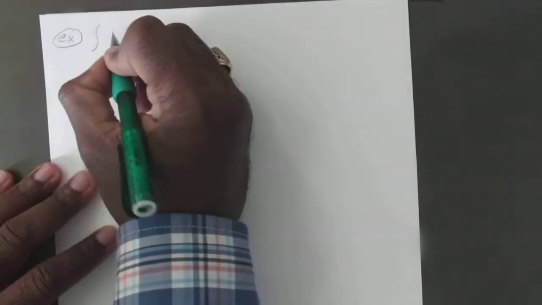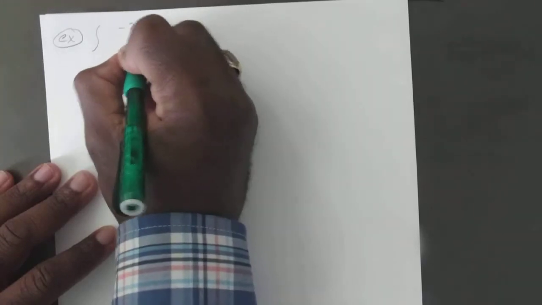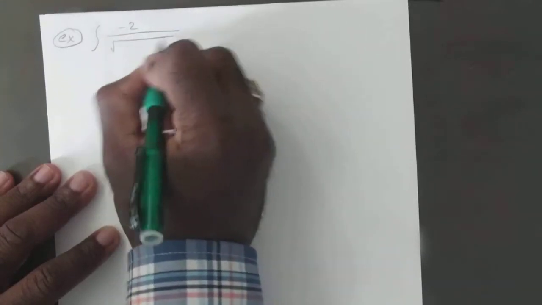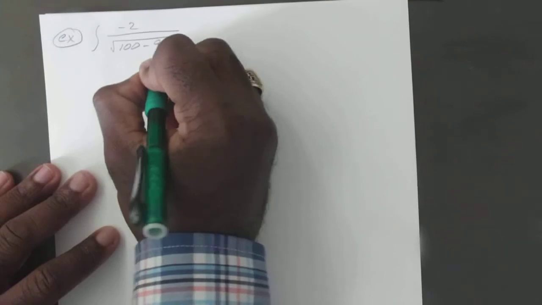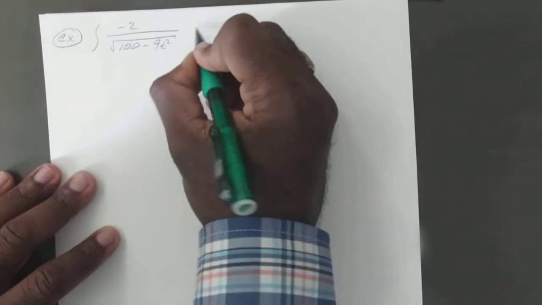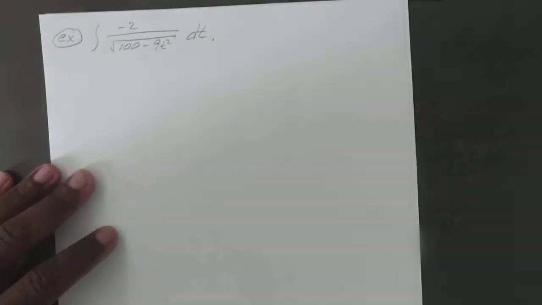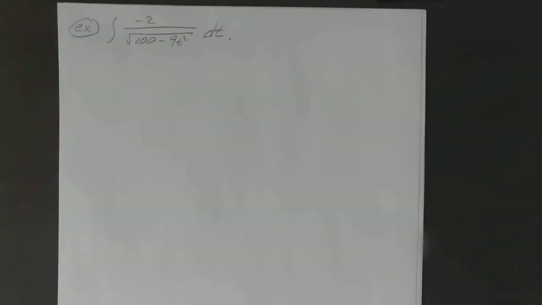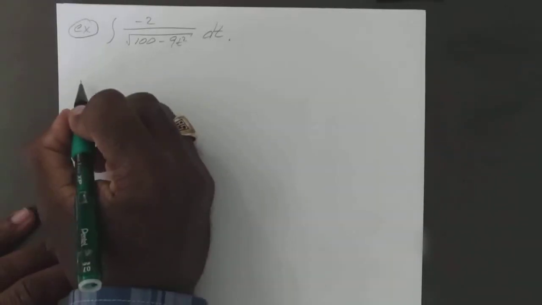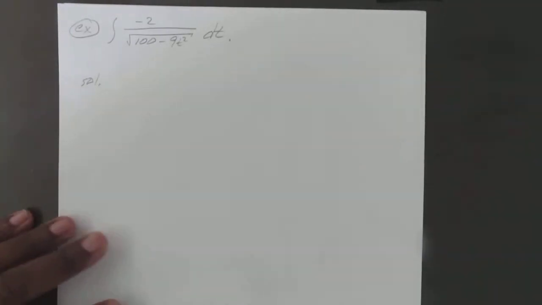Okay, so let's do another one. Make sure everyone's done. All right, so let's say, for example, we have the integral of -2 over the square root of 100 minus 9t squared with respect to t.